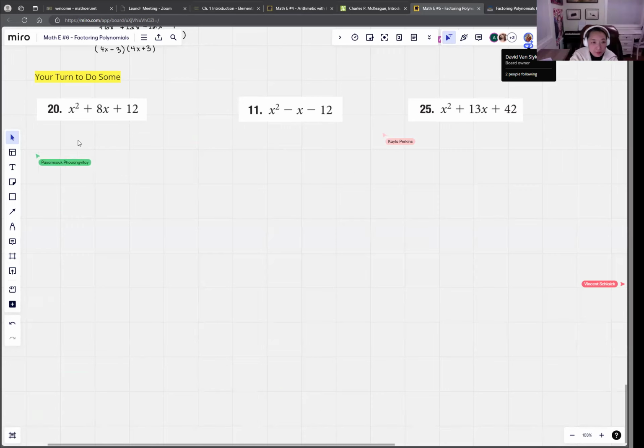What is your question? I asked in the group what they do in the question, between question 20 or 25. Why don't you all start with 20? I think that's the easiest one. Okay.